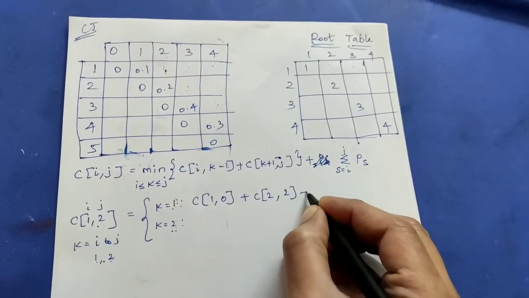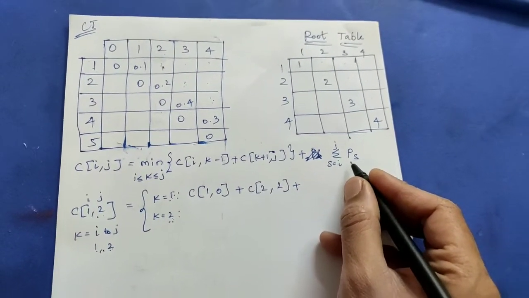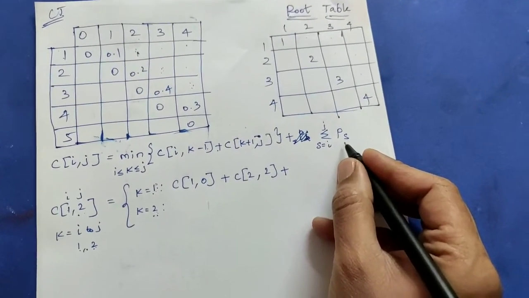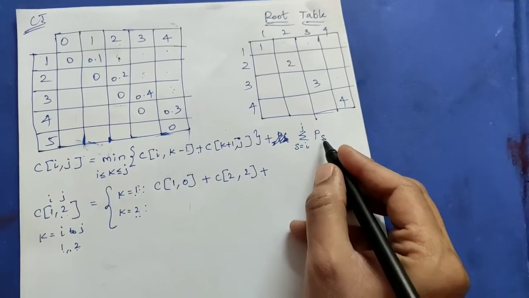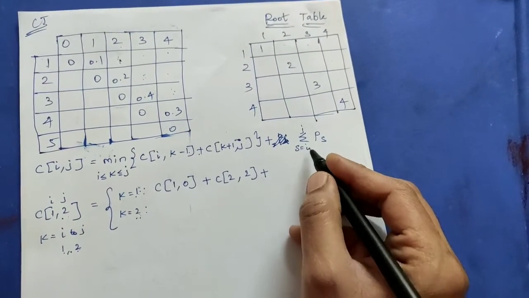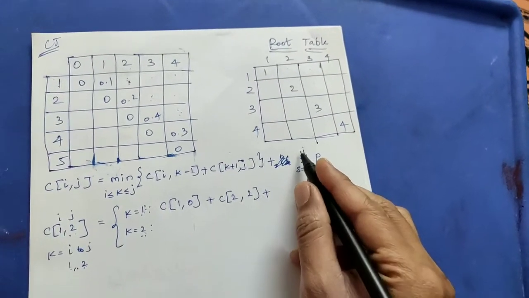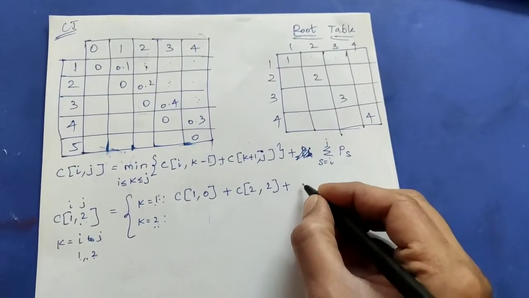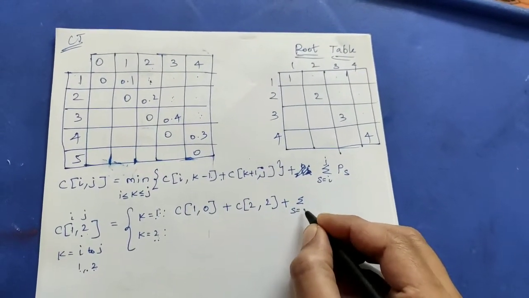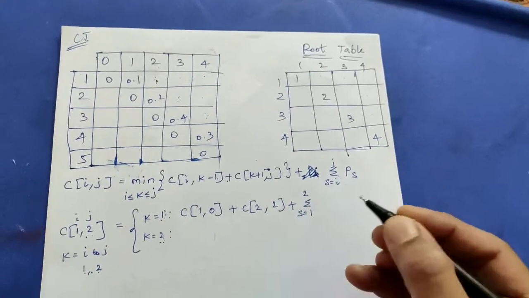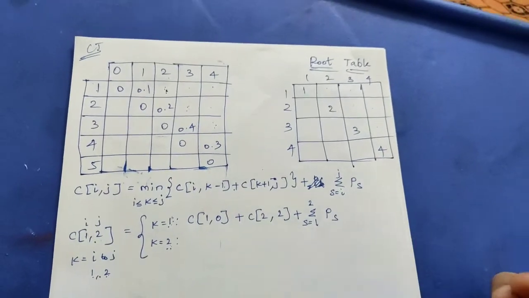I am just writing plus the summation of P s, that is probability. This s value ranges from i to j, where i is 1 and j is 2. So from 1 to 2 I have to add the probabilities, which I write as the summation of s equals 1 to 2, P s.